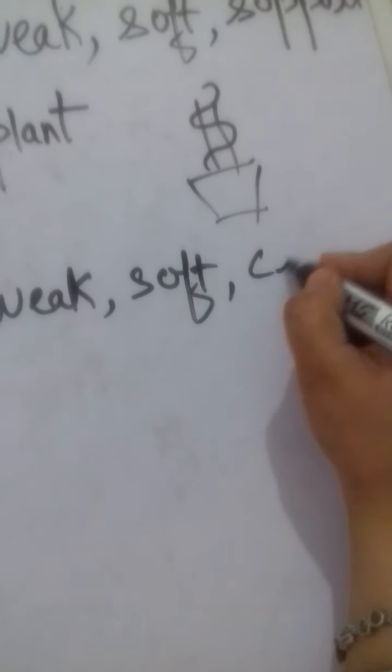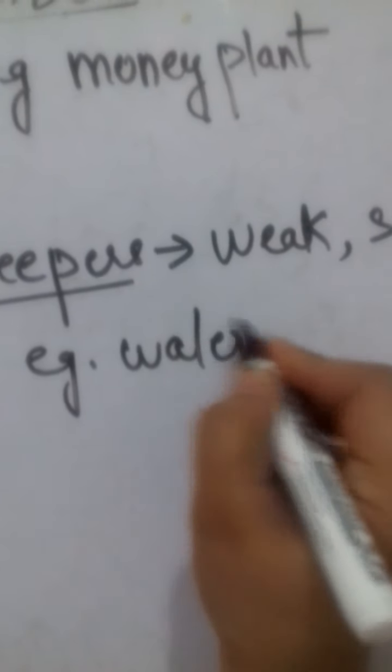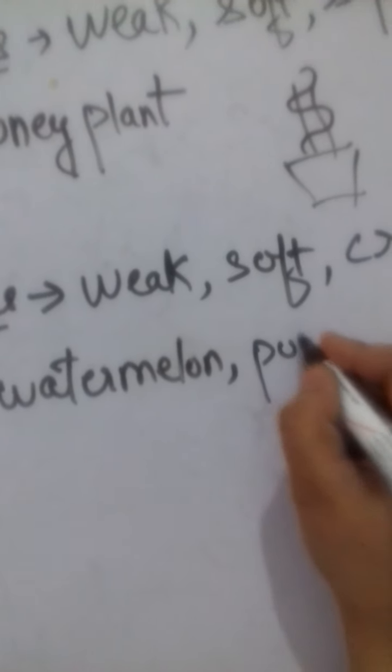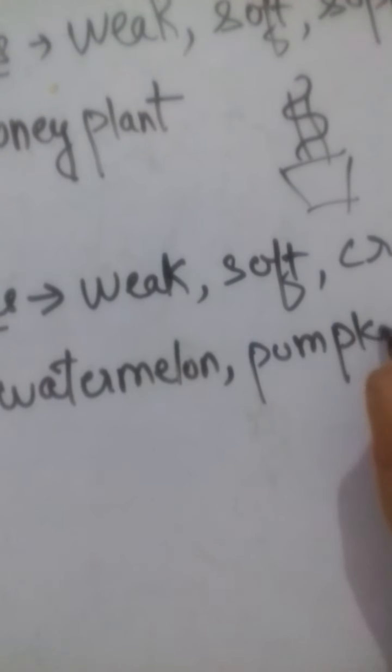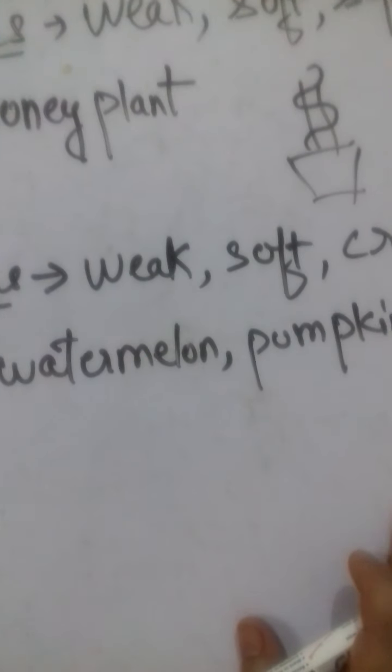They creep on the ground. Such plants are called creepers. For example, watermelon, pumpkin, etc. These are the examples of creepers.